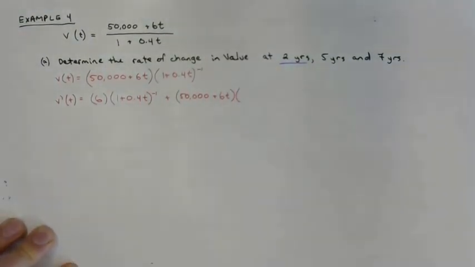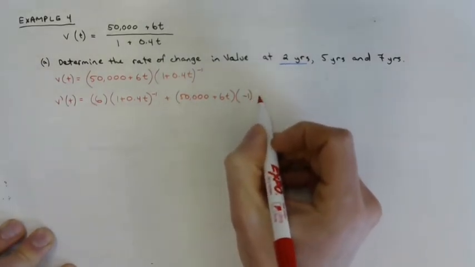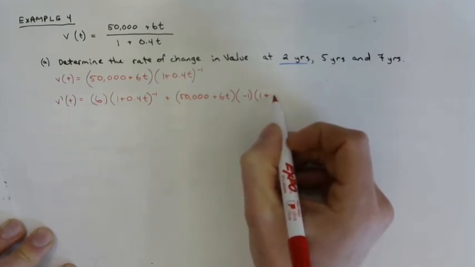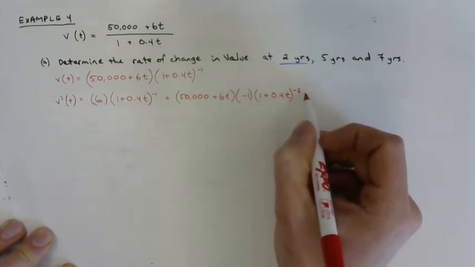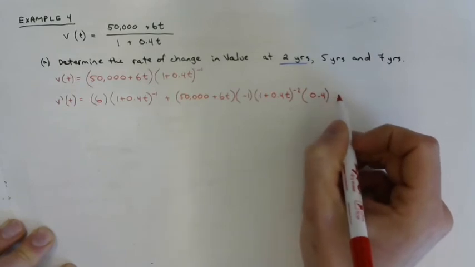And we're going to be looking at the chain rule. So we've got the derivative of the outer with respect to the inner. That's a negative 1 times 1 plus 0.4t to the power of negative 2 times the derivative of the inner, which is 0.4.